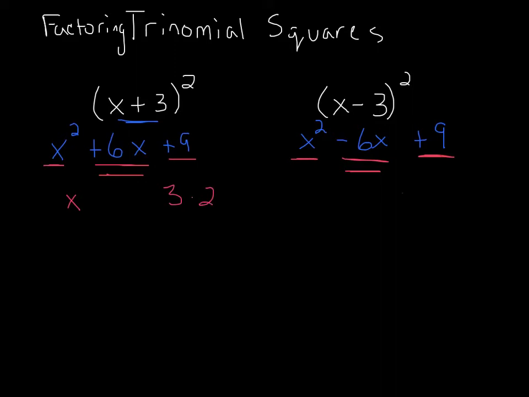On the one on the right, that works. We get x and 3, and you multiply it times 2, you get 6, but we have negative. Well, that works as well. It's called the additive inverse, and that's all right. So the middle term can be negative, but the outside ones, the perfect squares, can't be negative.